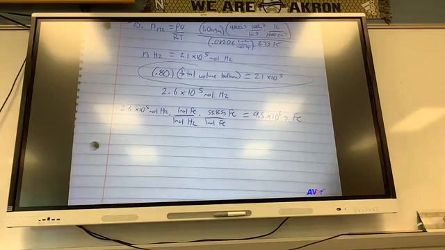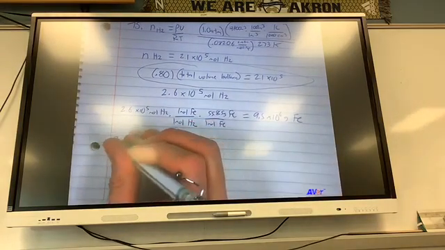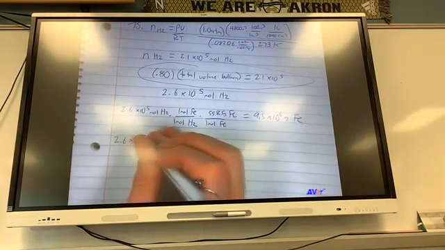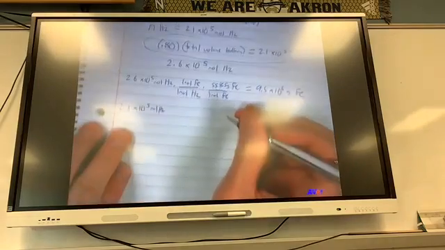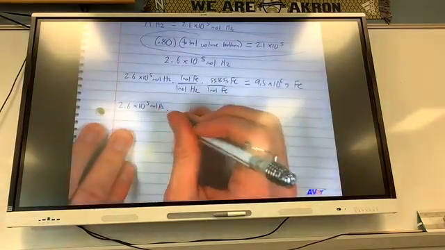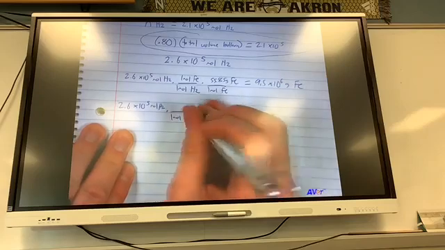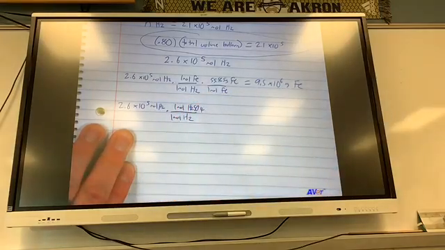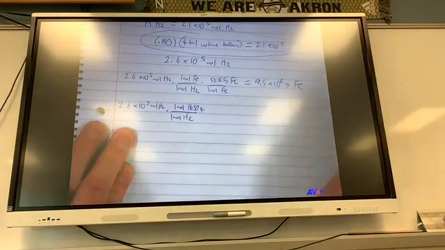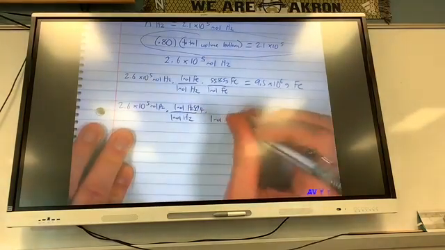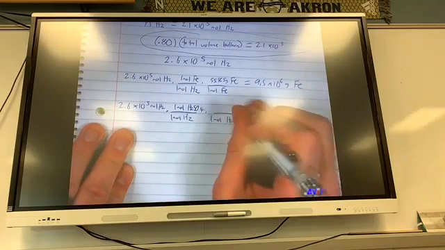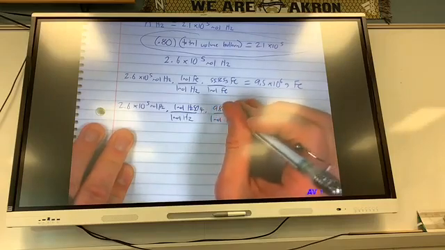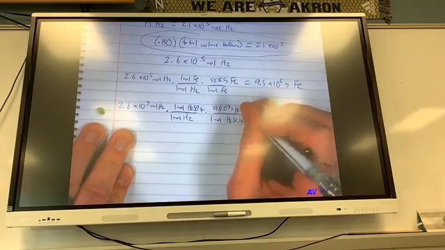Part 2. I now need to find grams of H2SO4. So I'm going to start with my 2.6 times 10 to the fifth moles of H2 times 1 mole of H2 is to 1 mole of H2SO4. 1 mole of H2SO4 is 98.09 grams of H2SO4.